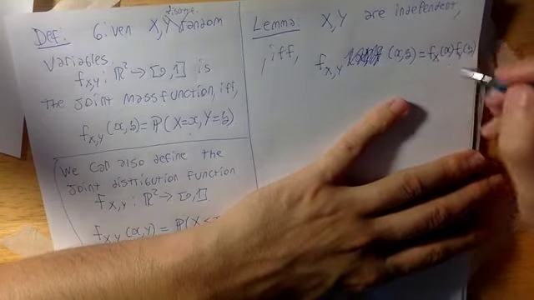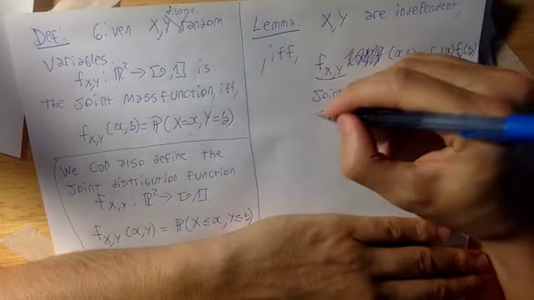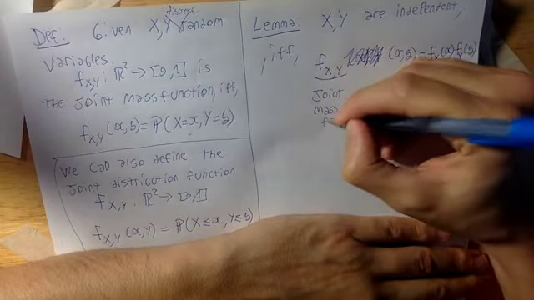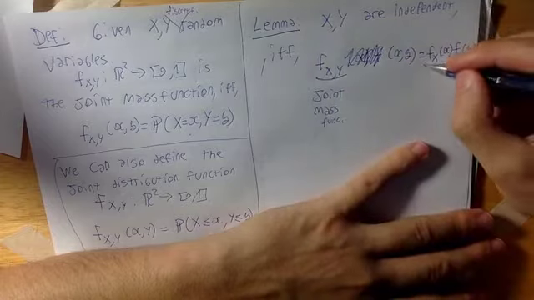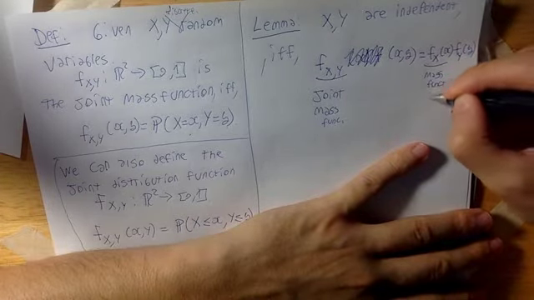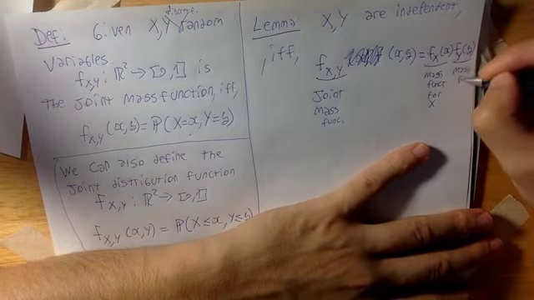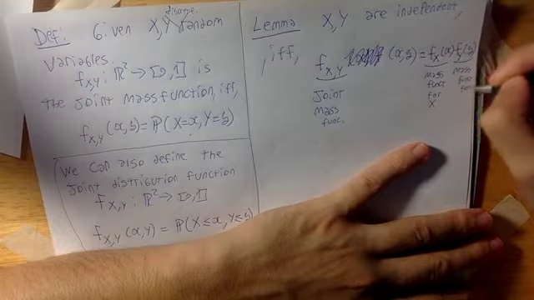So this is the joint mass function, and this is the mass function for X, and this is the mass function for Y.